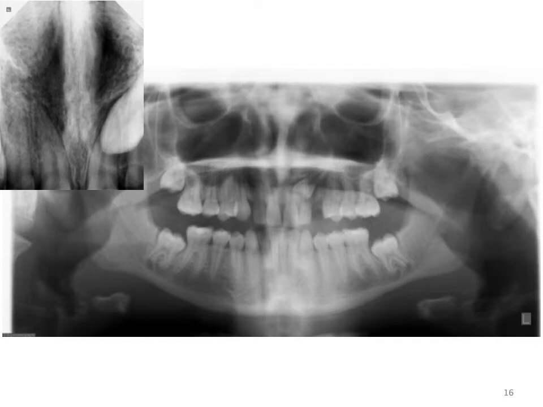Now, when you're doing vertical parallax, you need a horizontal reference point. What does that mean? Now, we know that if the tooth moves in the same direction as the cone, then the tooth is palatal.